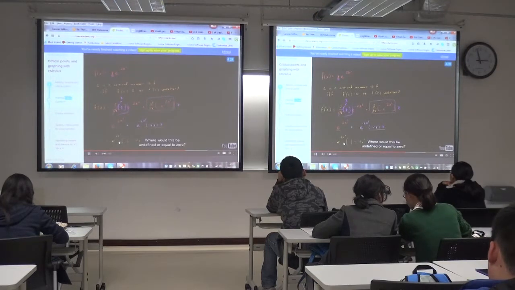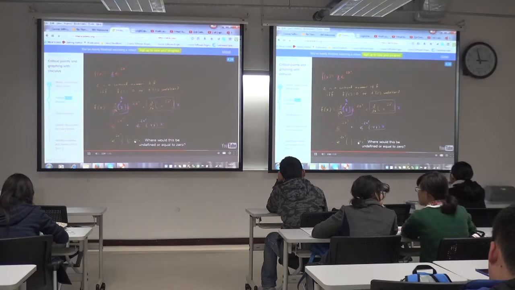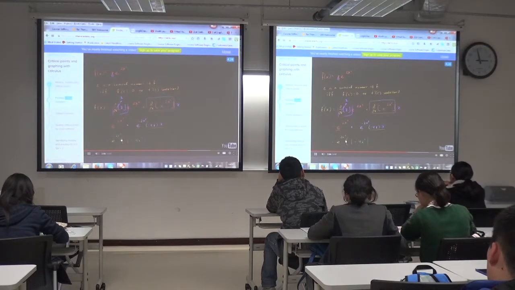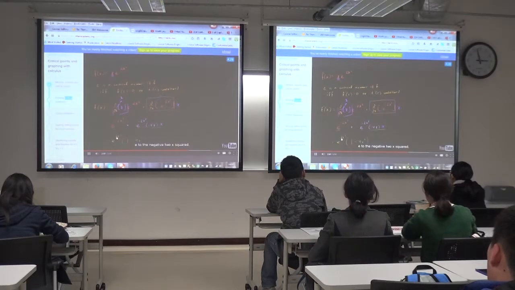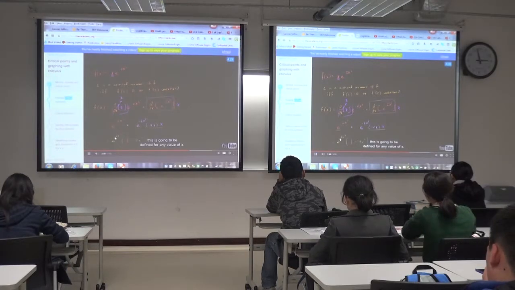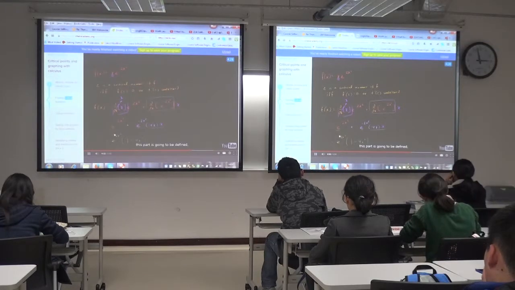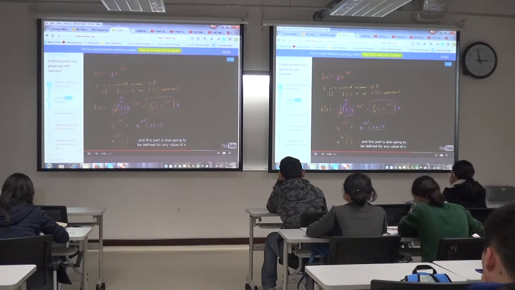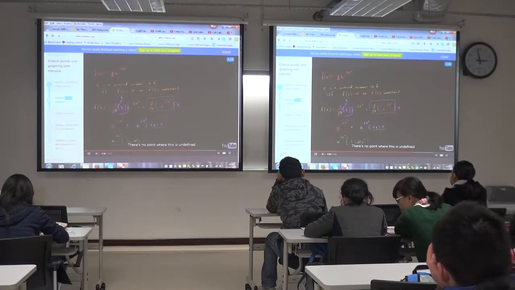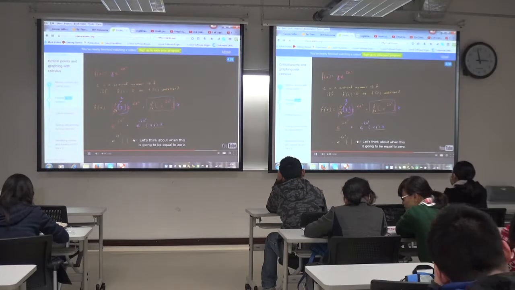Now, where would this be undefined or equal to 0? Well, e to the negative 2x squared is going to be defined for any value of x. And this part is also going to be defined for any value of x. So there's no point where this is undefined. Let's think about when this is going to be equal to 0.